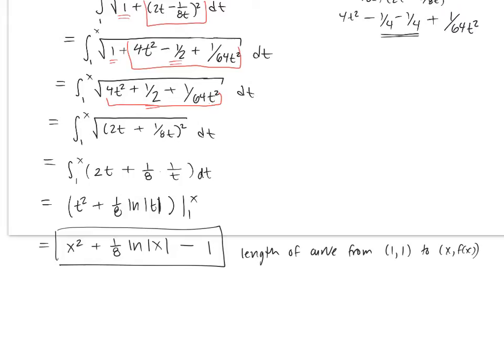So the rest of the question said to approximate the length from 1, 1 to 3, f of 3. So how would you find the length from 1, 1 to 3 using this formula? Just stick 3 in. S of 3 would equal 3 squared plus 1/8 natural log of 3 minus 1, which is 8 plus 1/8 natural log of 3, whatever that is.